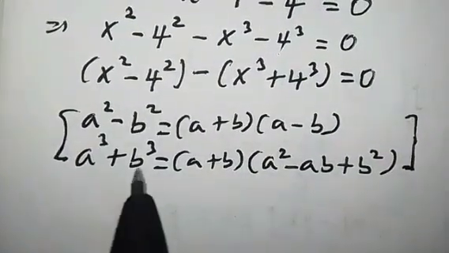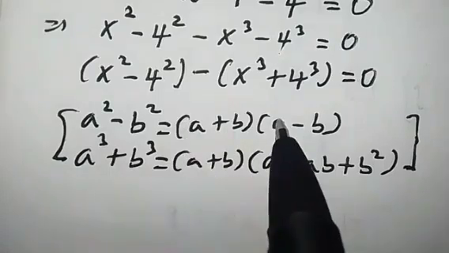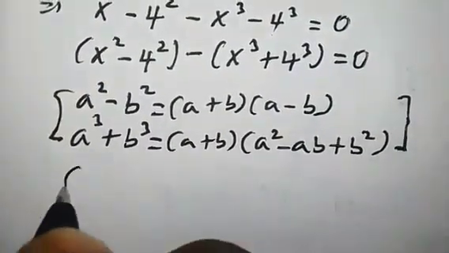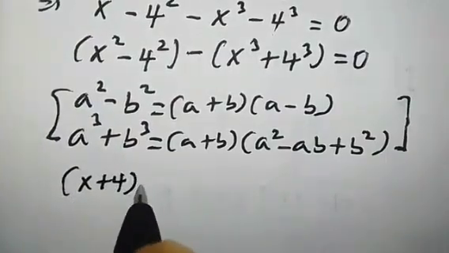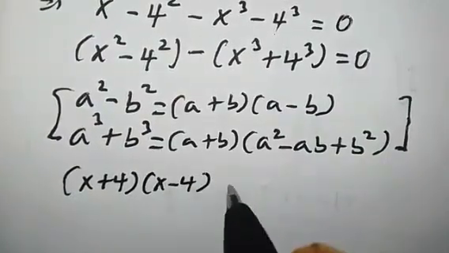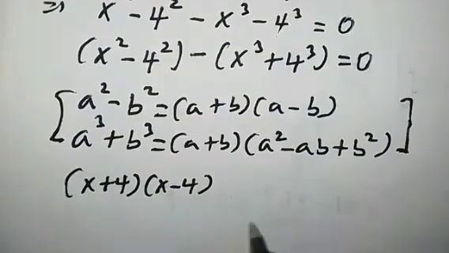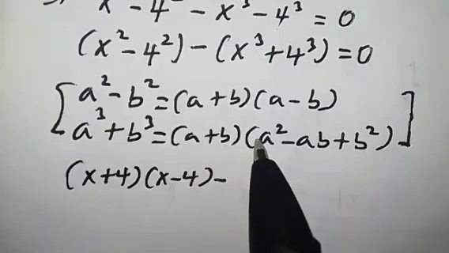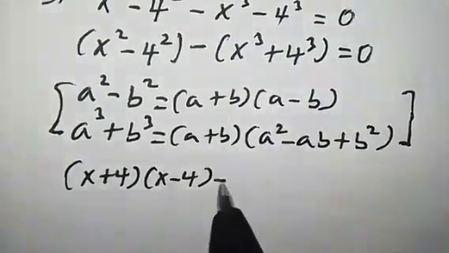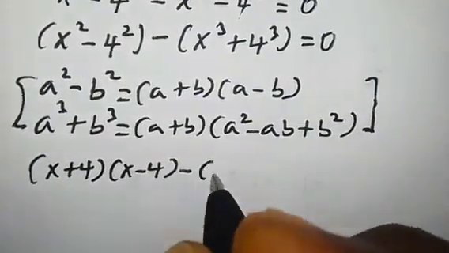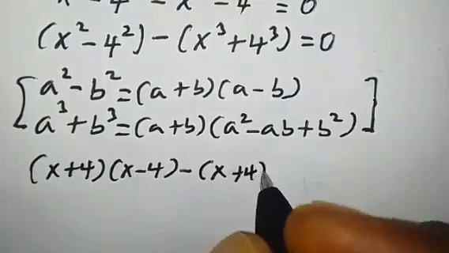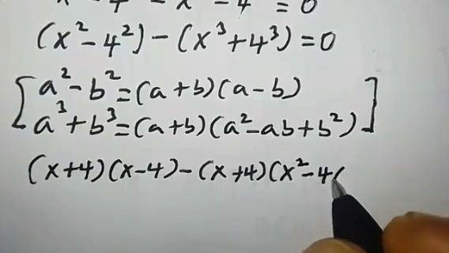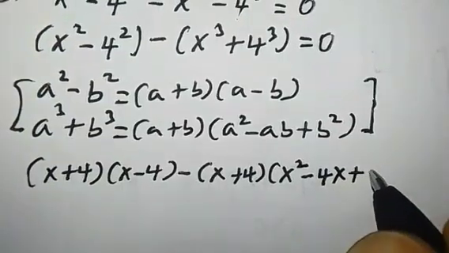Now, applying this first property to this guy, we're going to have x plus 4 times x minus 4, minus, now applying this second property to this guy, we're going to have x plus 4 times x square minus 4x plus 4 square.